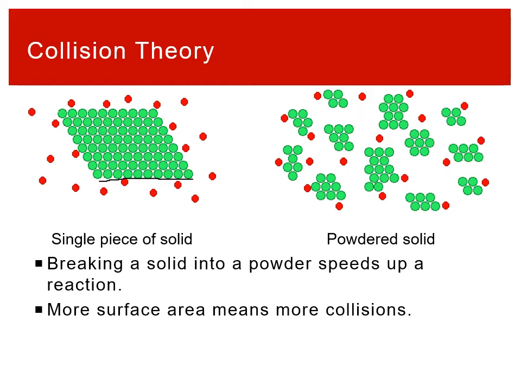If you take that big chunk and you break it up into a lot of little chunks, now there's a lot of exposed surface area. More of those solid molecules are exposed. They can undergo reactions. The reaction will happen a lot faster. More surface area always means more collisions, means more reaction, more processes.